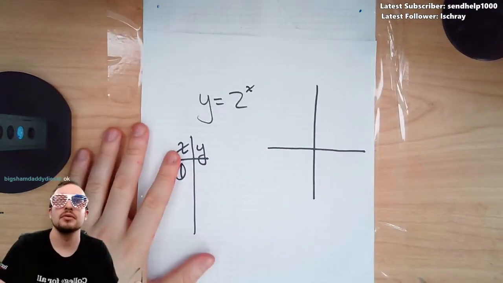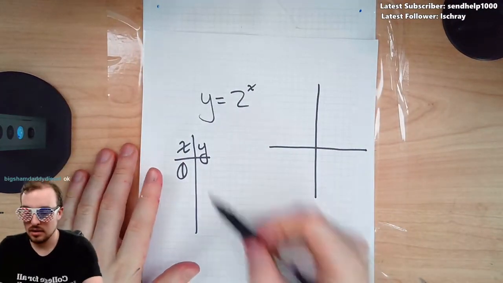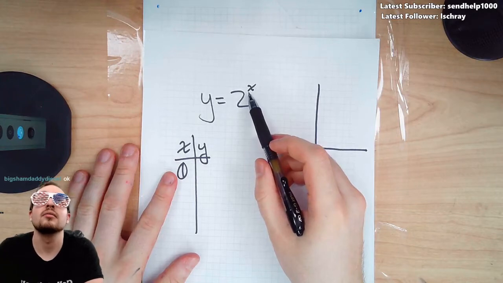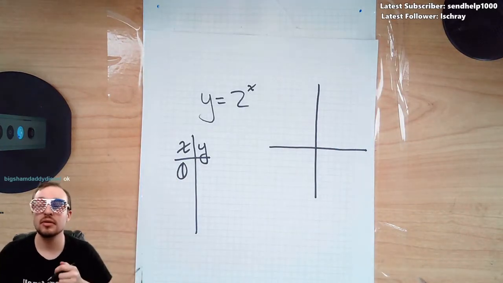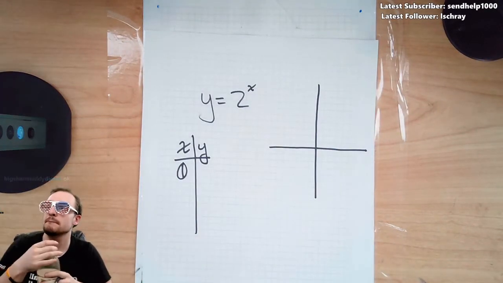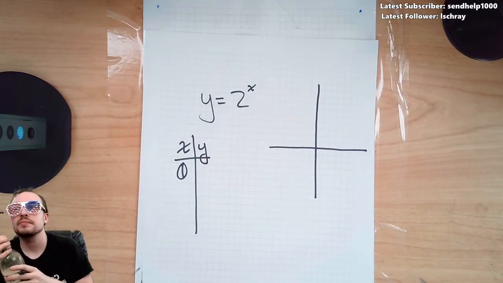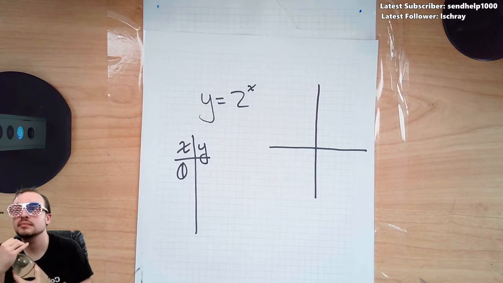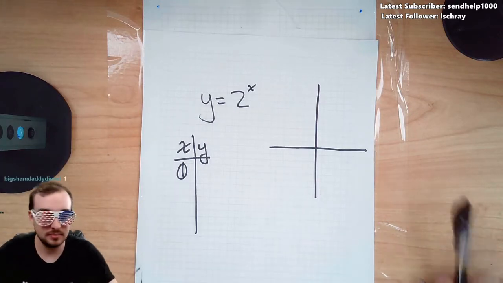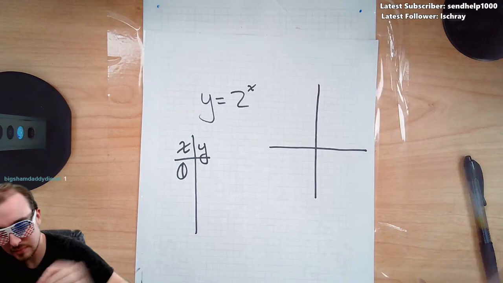Let's talk about what happens when x is 0. We have 2 to the 0th. What is 2 to the 0th? It's 1.